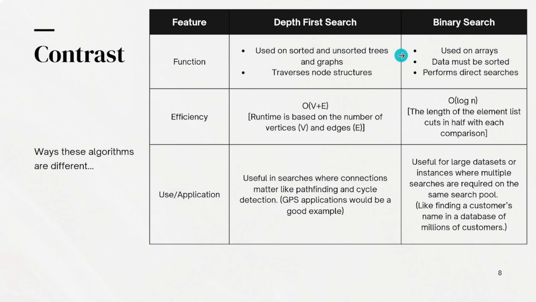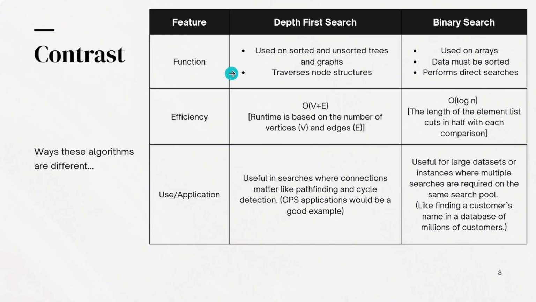And then the function of the binary search is that it's used on arrays. As I mentioned, the data structures are different, which means their operations are quite different. The data in the binary search must be sorted, as I've mentioned before, and this performs direct searches primarily, and this one is most focused on the traversal.